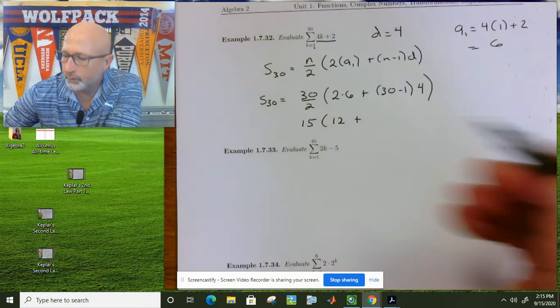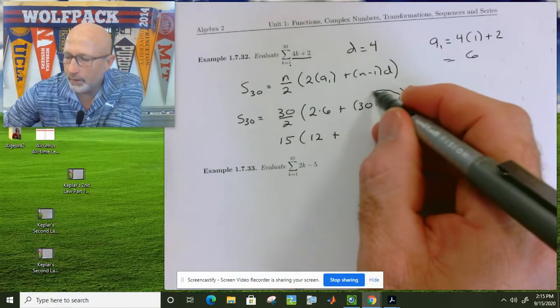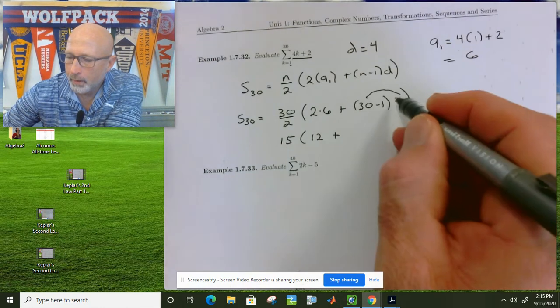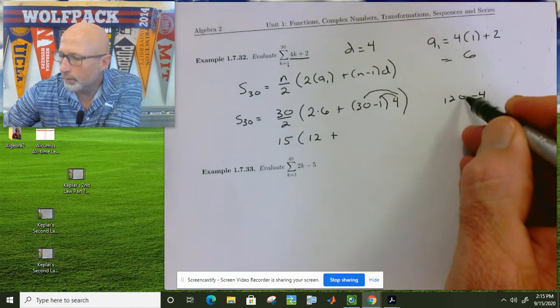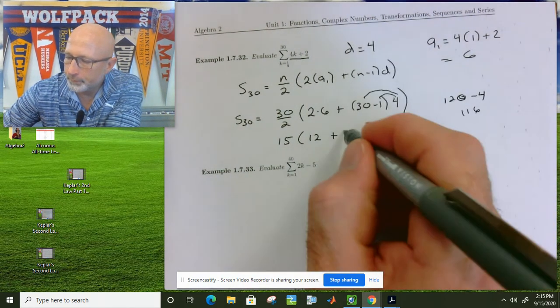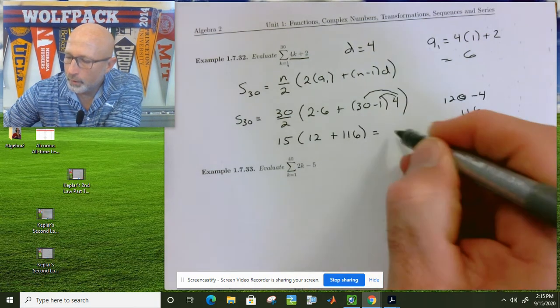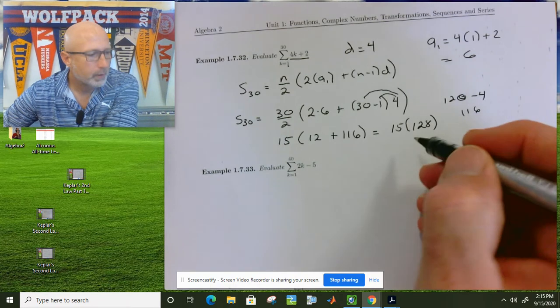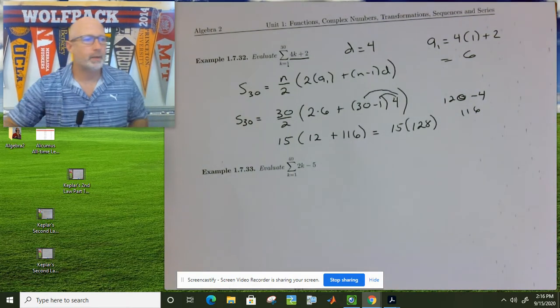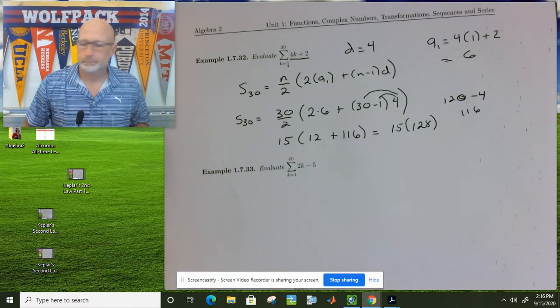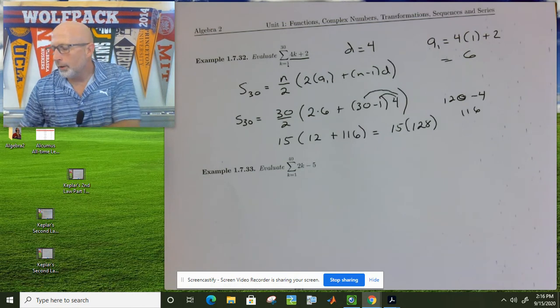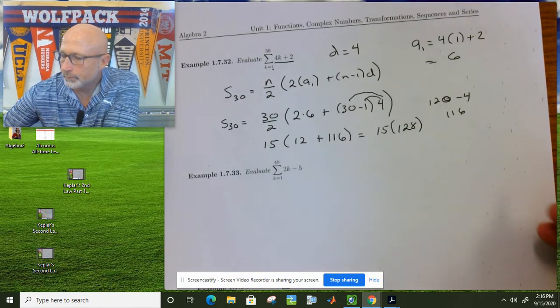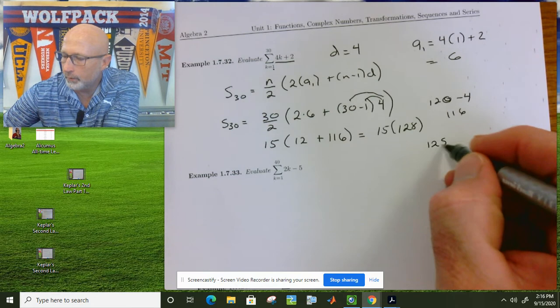Okay, so once again, this is 15 times 12 plus... Now, remember what I do? I take 120 and I subtract 4 to get 116, which is equal to 15 times 128. And I don't know what that is off the top of my head, although it'd be pretty easy.